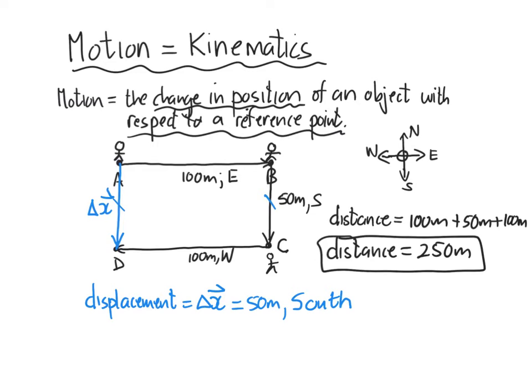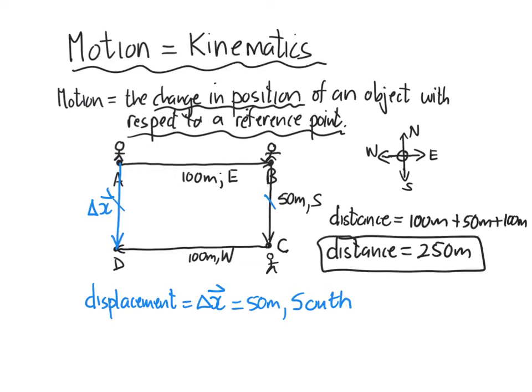For instance, in walking from A to B, the distance is 100 meters, and the displacement, in other words, the straight line length between where the person starts at A and ends at B, is also 100 meters, but being a vector, displacement would have east associated with it. But as soon as the person changes direction, then the distance and the displacement differ. So this becomes very important when we look at determining the speed and the velocity of an object.